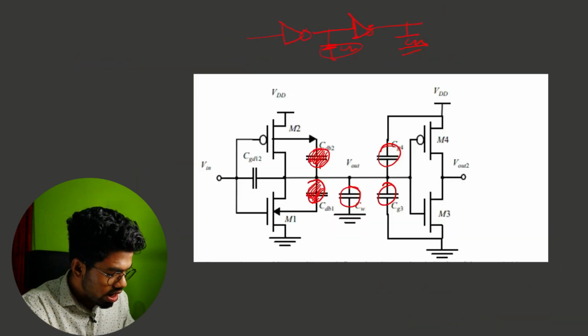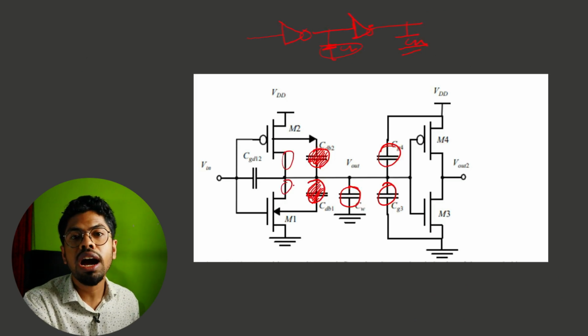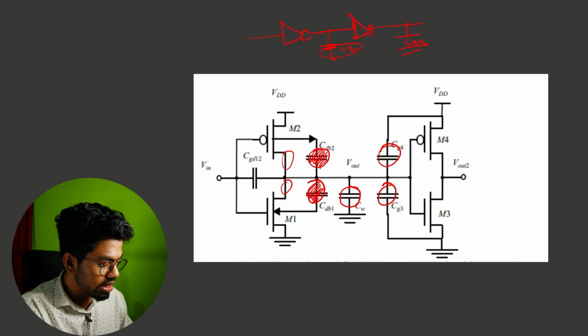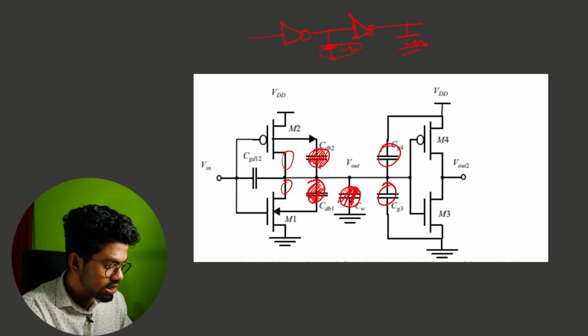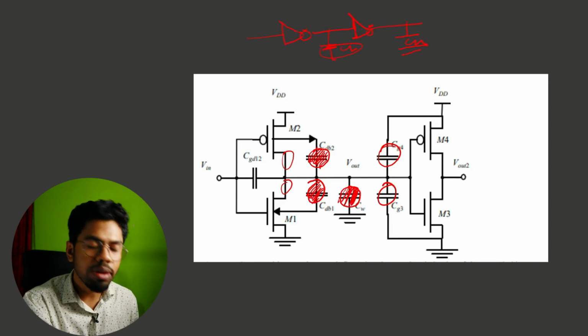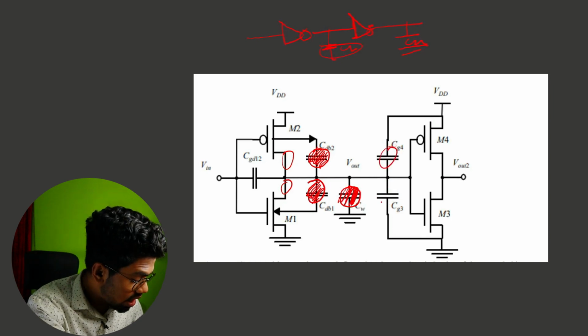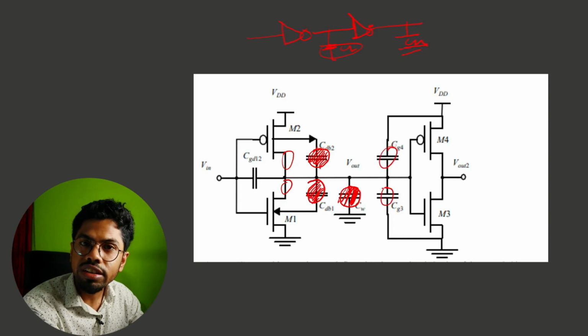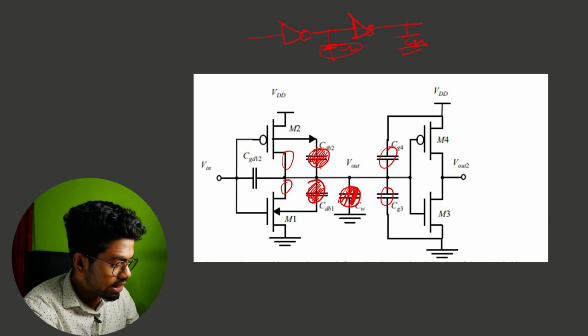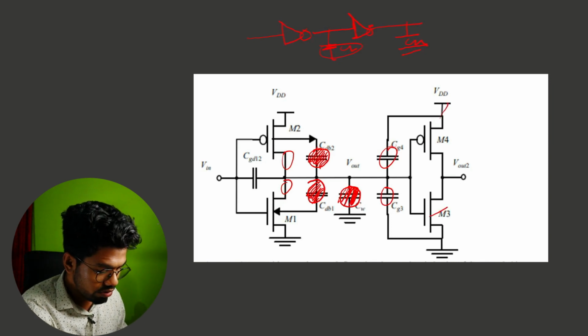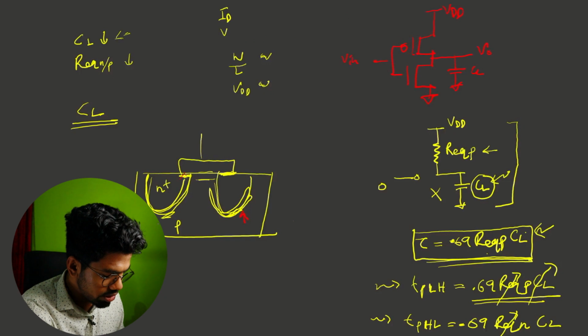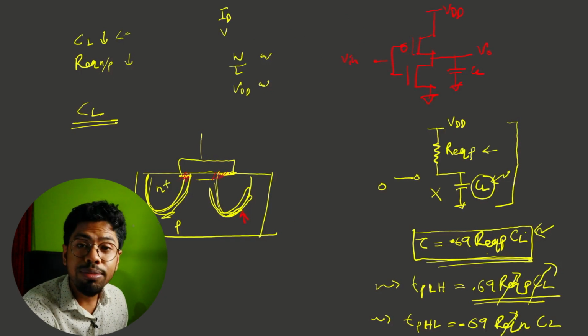Here we have only the drain part depletion region on the output side. Then we have the wire capacitance; the connectivity for sure will have some capacitance. And these capacitances are due to your gate and source side overlap. If you just remember this, we have this overlap. And why do we have these overlaps?